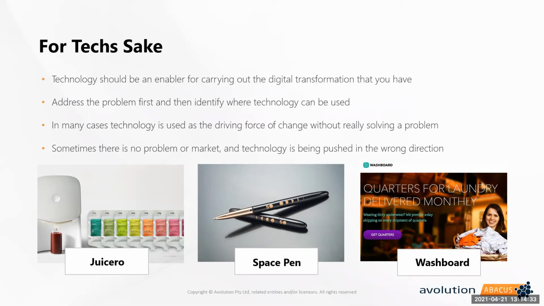An even more interesting example with everything moving to a subscription model is a company called Washboard, who effectively allowed people to subscribe to a service for laundry. However, with this service, focusing on a customer base that went to laundromats and needed quarters, Washboard provided a subscription where you could be sent $20 in quarters a month for the cost of $27.